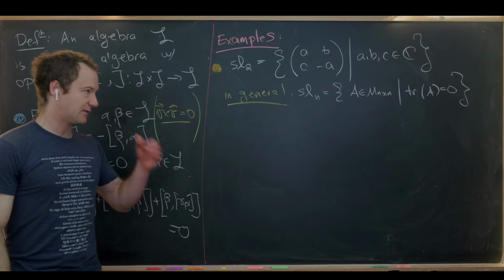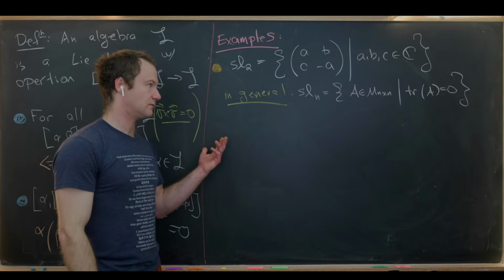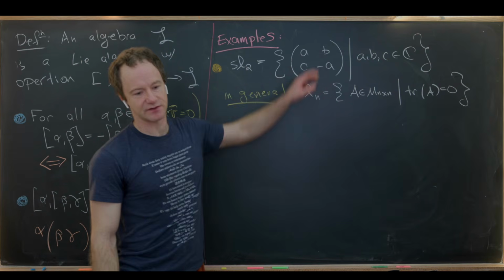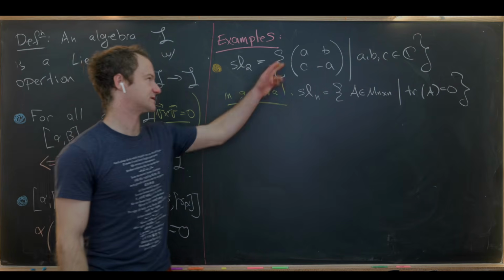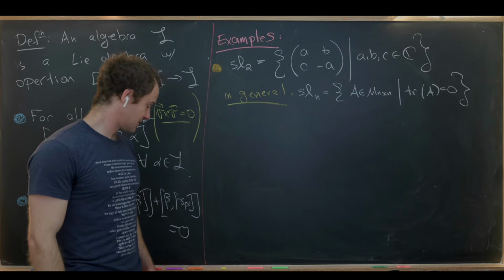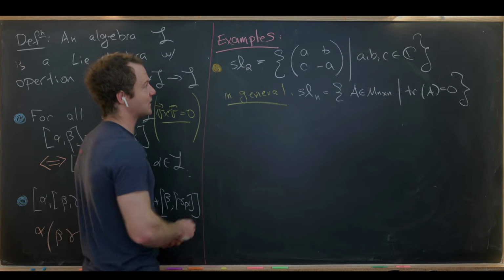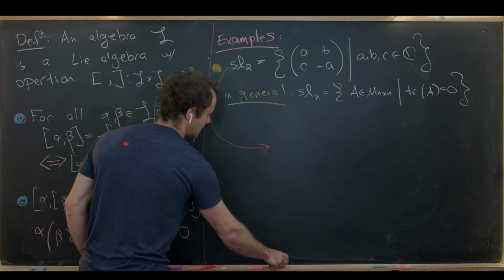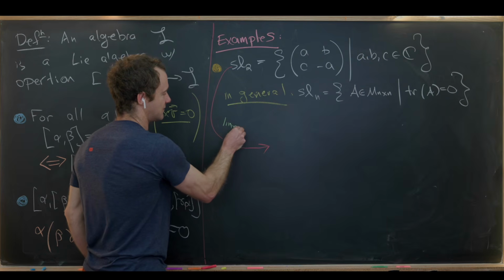So that would be an example of the SLN. So notice we've got the trace is equal to 0 here, right? Yeah, because A plus negative A is 0. It's really, really intense stuff happening. Okay, so a nice linear algebra homework problem.